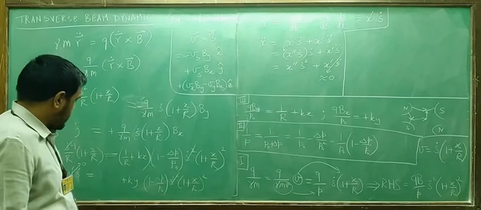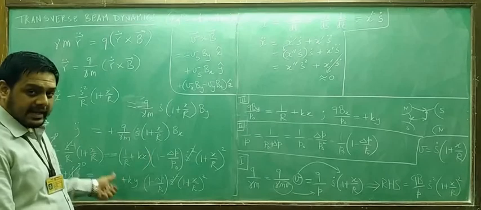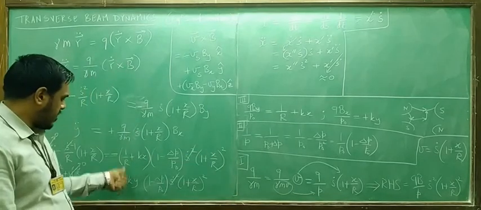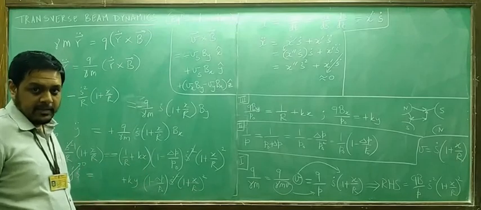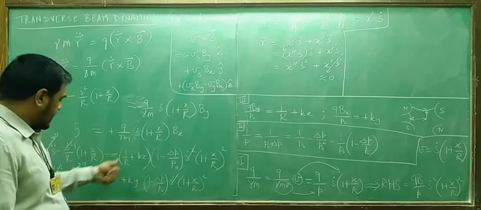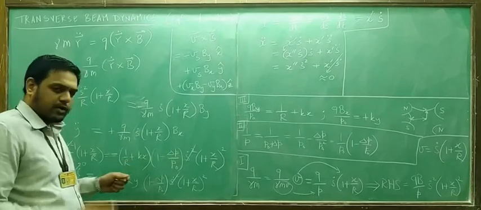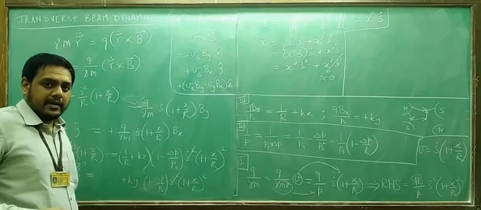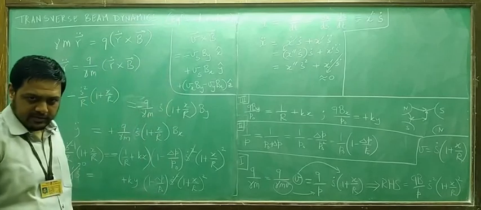Here 1 by R plus Kx was also a Taylor series expansion where we neglected the higher order terms, which means this is the dominant term and this is the second, less dominant term. In physical terms, this is the dipole magnet which bends the beam directly. This is the quadrupole which manipulates the beam slightly. The dipole magnet has a very real Lorentz force which acts as a centripetal force.